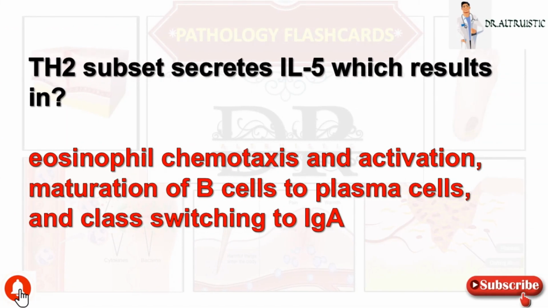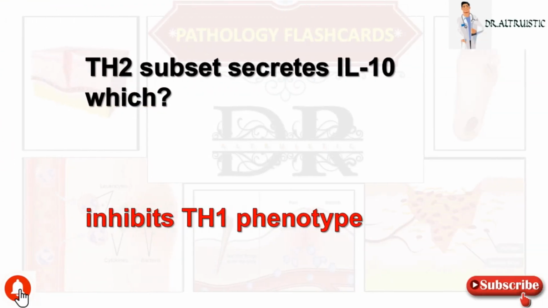Th2 subset secretes IL-5, which results in eosinophil chemotaxis and activation, maturation of B cells to plasma cells, and class switching to IgA. Th2 subset secretes IL-10, which inhibits Th1 phenotype.